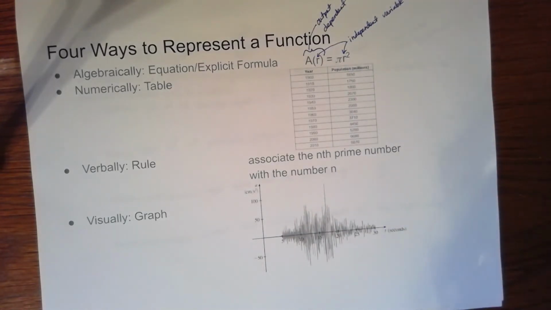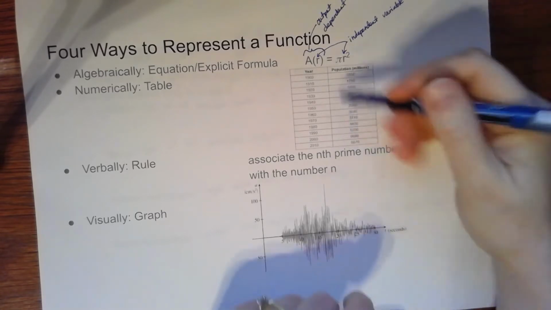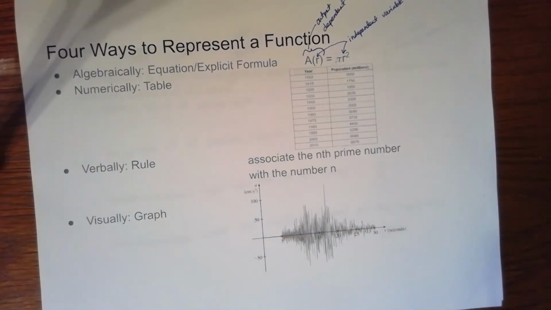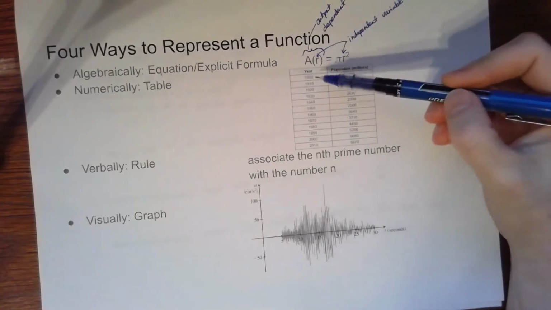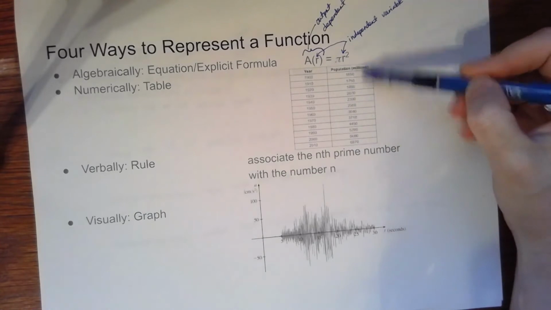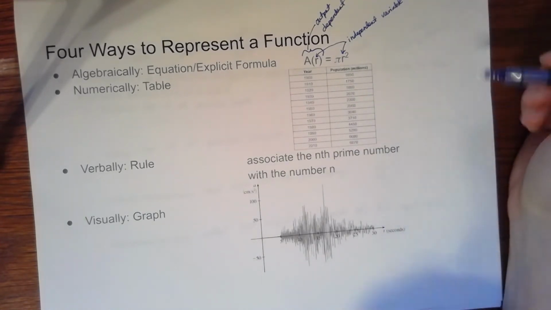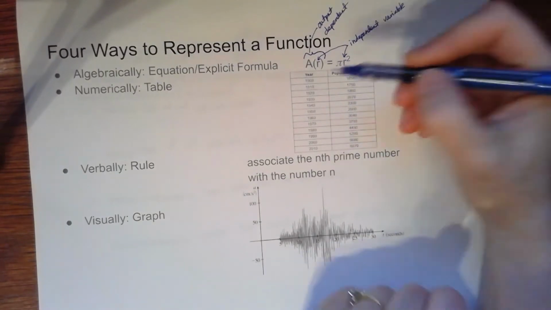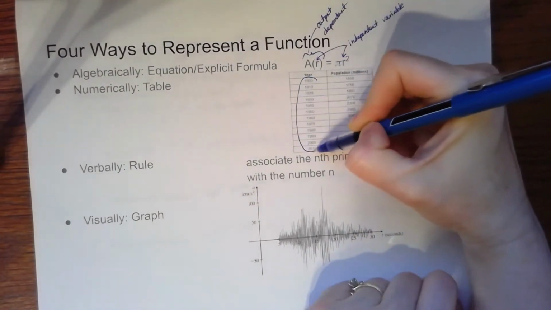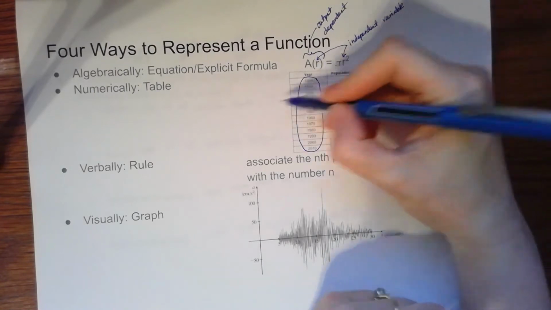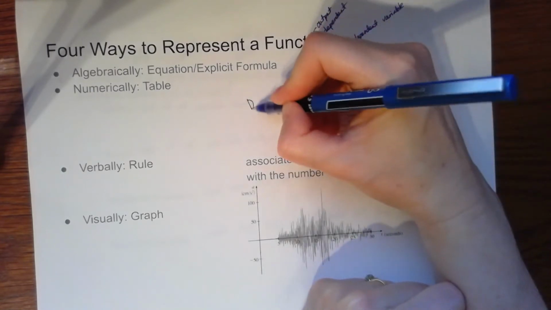So that's how we're used to seeing them. Of course, sometimes we see things that are set up in tables. Now, I know this is kind of hard for you to see. It's not important really what's in the table, more that we can represent a function with a table. This has a list of different years and populations from that particular year. In a table, this whole set here would be our domain.